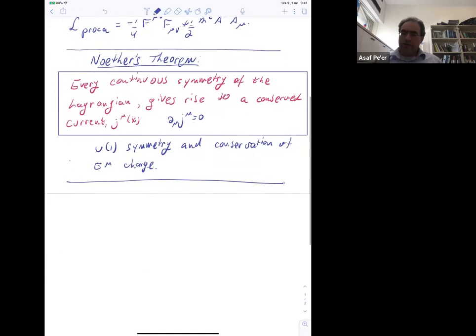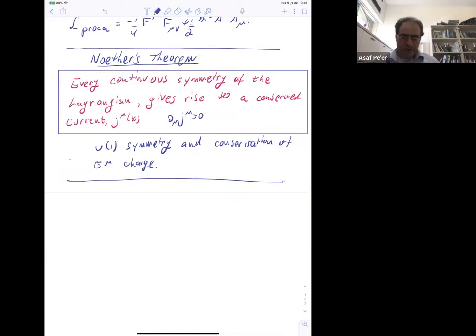We want to look at a very important example of the use of Noether's theorem in particle physics. For that, we look at the Dirac Lagrangian. Remember, this represents spin half fermions, so electrons, for example. L Dirac is psi bar i gamma mu d mu minus m psi.